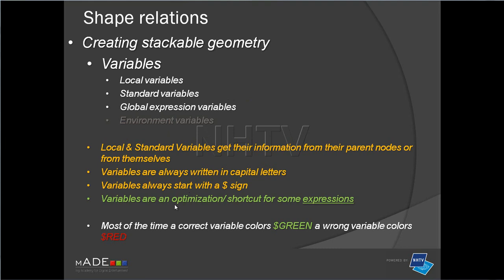Now there are a few things which are important to know. Variables always start with a $ sign, and variables are always written in capital letters. You will see when you have written your variables in a correct way or on the proper position, the variable will turn green. If there is something wrong, the variable will turn red. Now this is not a waterproof system.